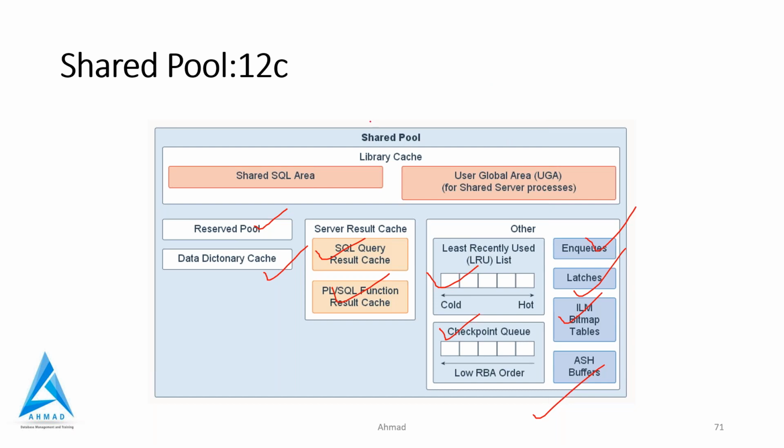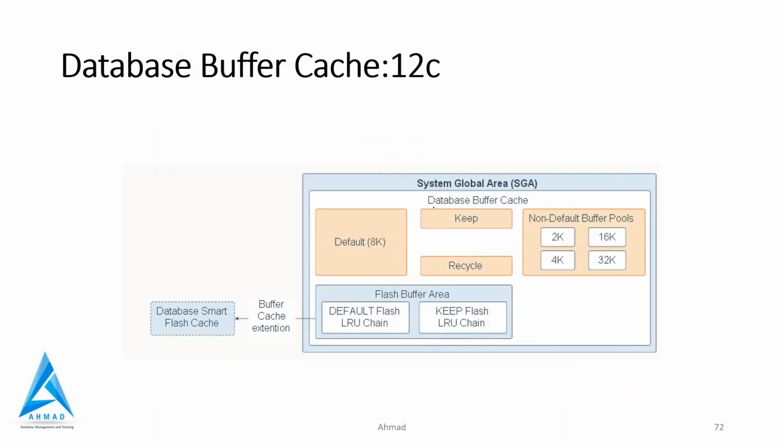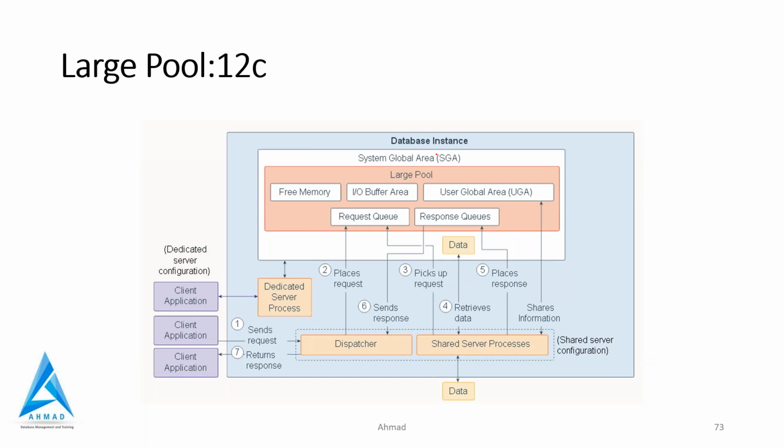Figure-wise, Oracle has done this PDF very well. From 12c they have created an almost 40-page PDF in which they have created these colorful pictures, and I have taken them from the Oracle documentation. For the database buffer cache, I'm not going into detail. Then the large pool: this is how a query is executed and what the use of the large pool is, so I'm not going into that.